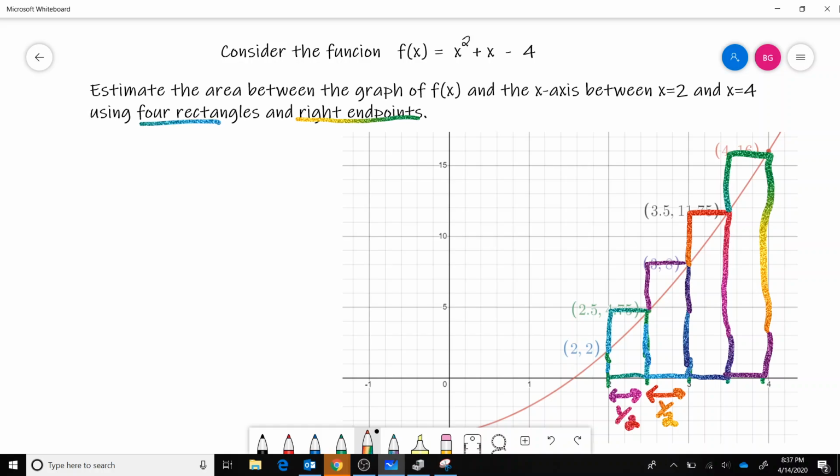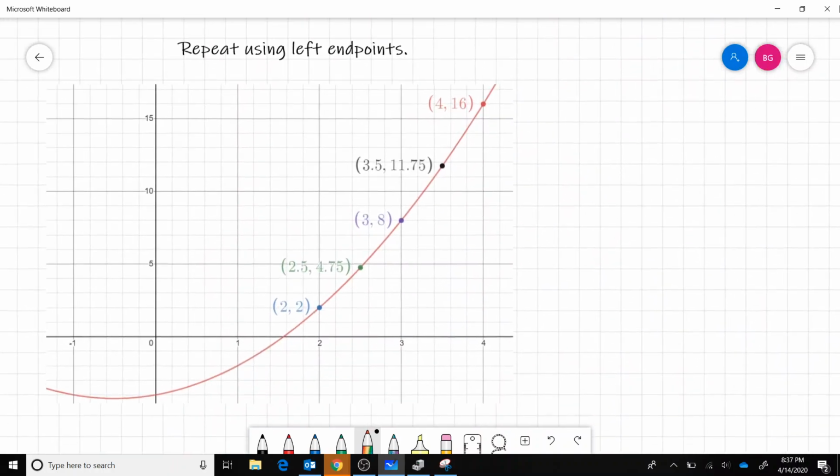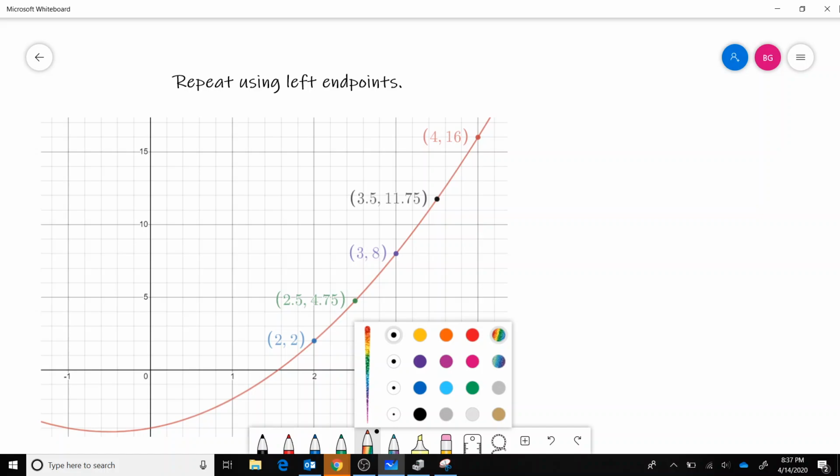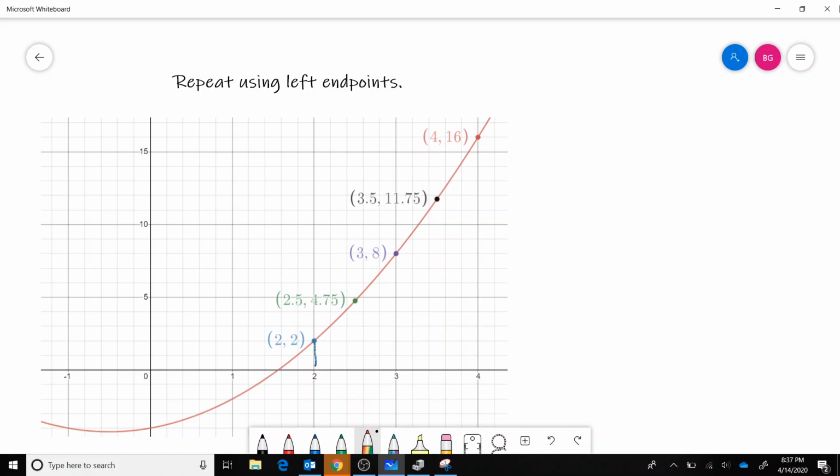Okay, so that's finding the area between x equals 2 and x equals 4 with 4 rectangles and using the right endpoints. Now, in a little bit here, we're going to repeat this process but we're going to use left endpoints. So if I do this again and I'm using left endpoints, I'm still going to have 4 rectangles. But if they're asking me to use the left endpoints, that means the first box is going to look like this.